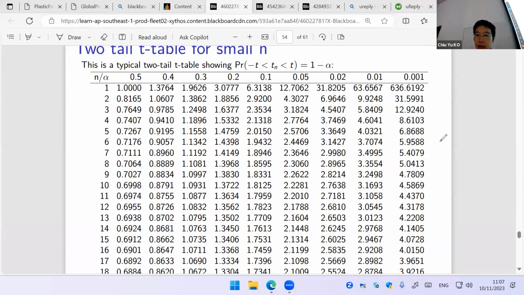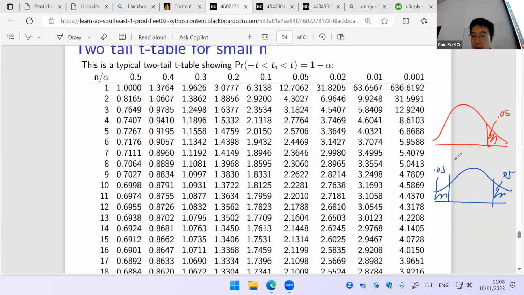What I want is this 5%, and if this is also 5%, then the two-tail actually means 10%, right? So look at this column, and I think it's row 16, so this is how you get this number. So that's how you get the number there.